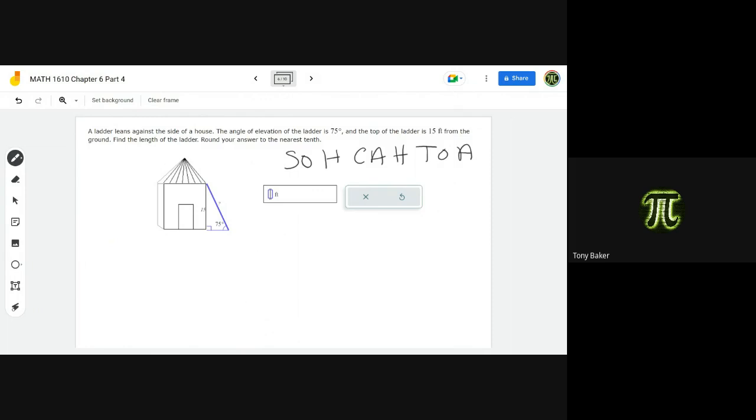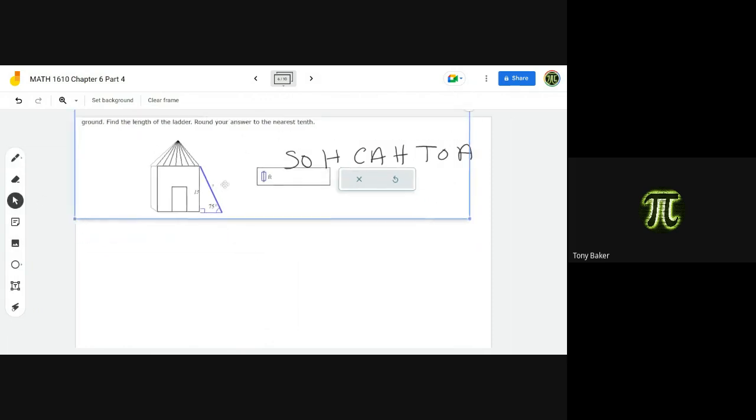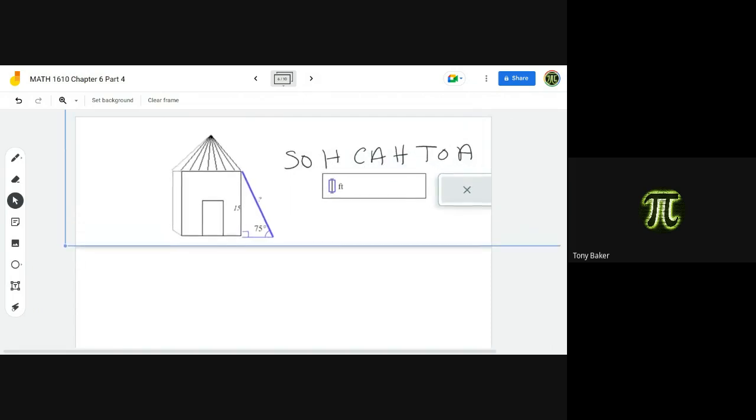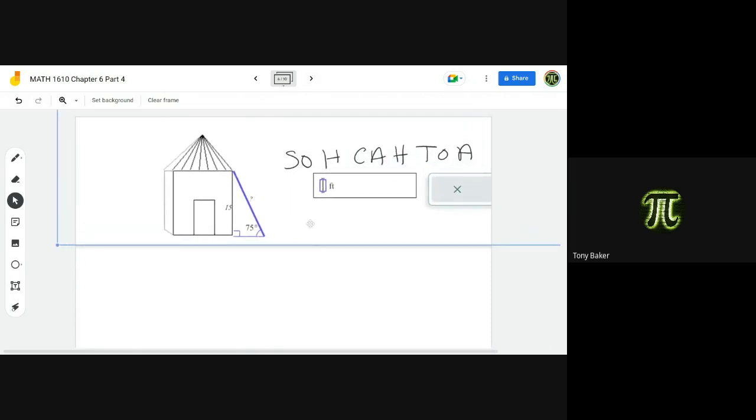Whenever you're doing the SOHCAHTOA stuff, you need to look at where you're standing. Okay. Because depending on how the triangle's shifted, your opposites and your adjacents can change. It all is based on where you're standing. So in this problem right here, actually, I don't even need the actual problem. I literally just need the picture because they put everything in there. I can make this a little bigger. All right.